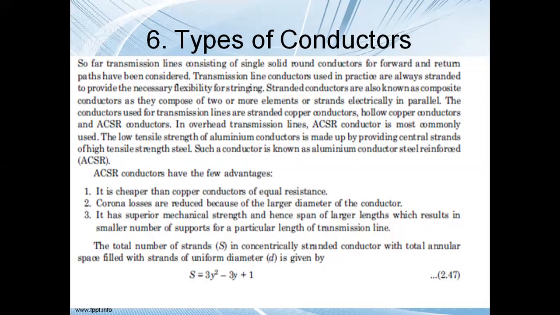In the high voltage line, there are some power losses, and we can observe some violet glow and hissing sound across the high voltage line. Due to that there are some losses, and that particular loss is corona loss. We'll discuss in detail. We have a chapter for that.